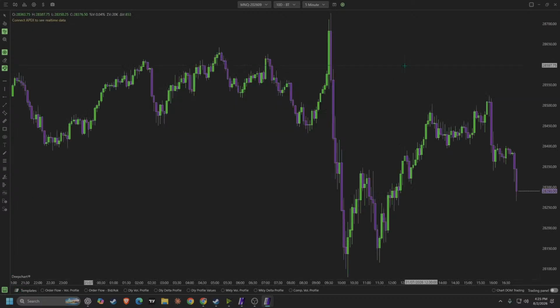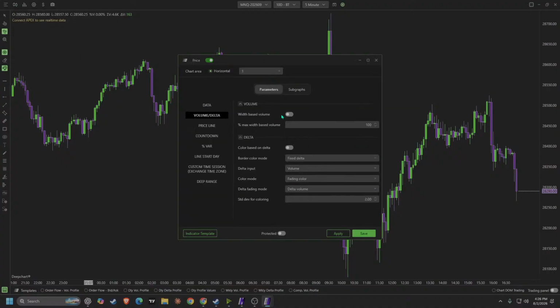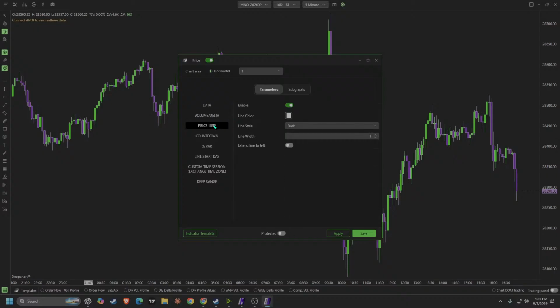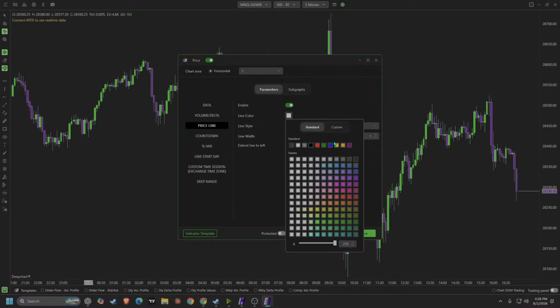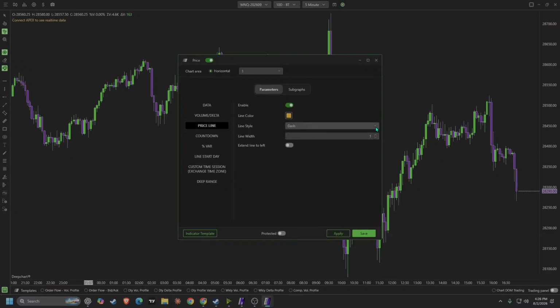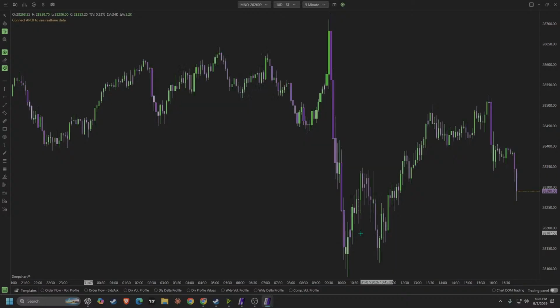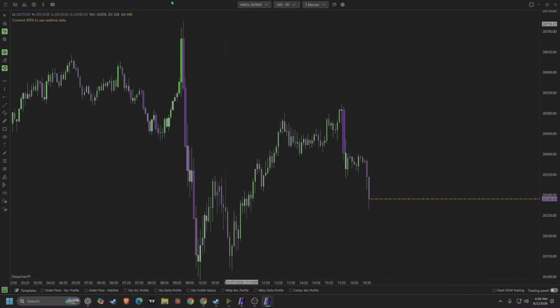Then we're gonna add some things to it. First thing we're gonna add is the volume width based price line, to make it this orange color, make it dot dash dot, and make it a little bit bigger. So now we can see where price is.